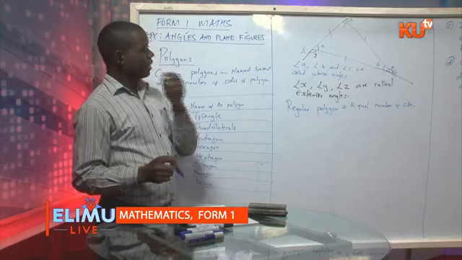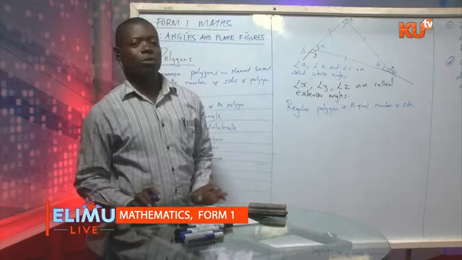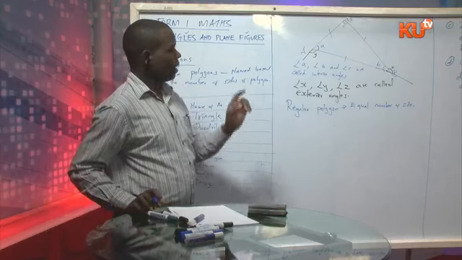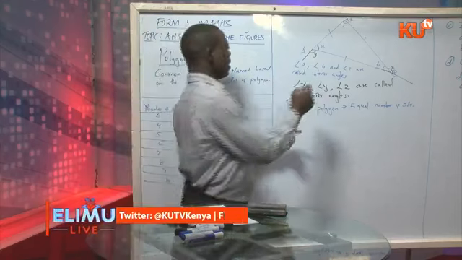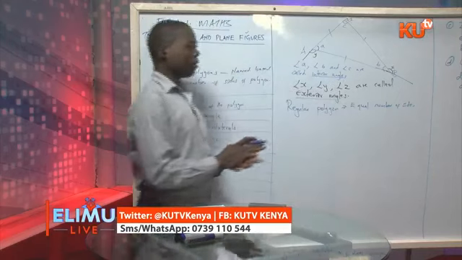And so when you calculate anything in relation to a regular polygon, there are formulas that we need to adopt. And these formulas are based on either interior angles or exterior angles.